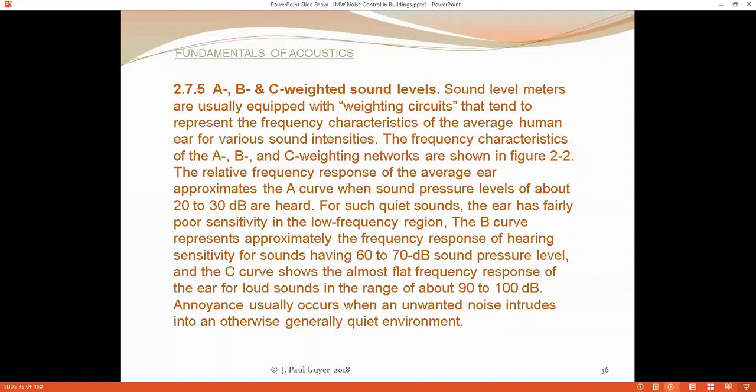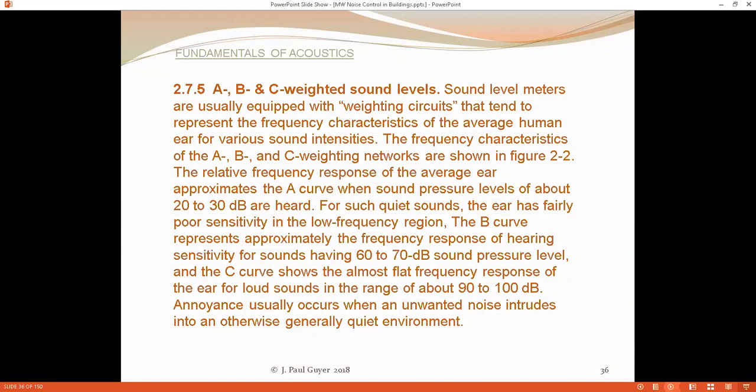So in run-of-the-mill building design, you need to determine the level of the sound that is being produced in the source room. And you do this quite simply in the vast majority of cases using a simple little instrument or device, a sound level meter.